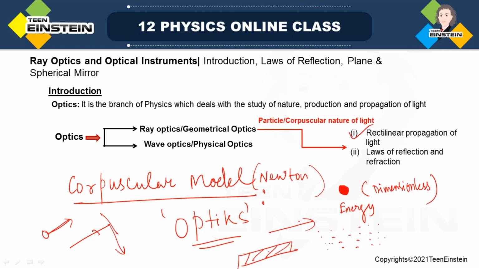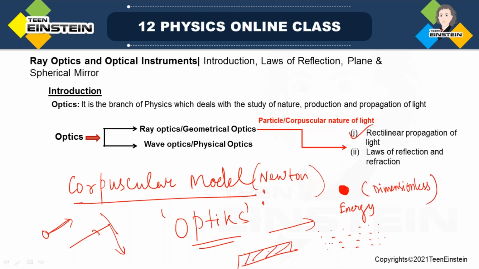We'll always take this assumption that light propagates in a rectilinear path, and the theory behind it is the corpuscular theory, or the particle model of light, given by Sir Isaac Newton, and depending on that, we say the light propagates in a straight line.